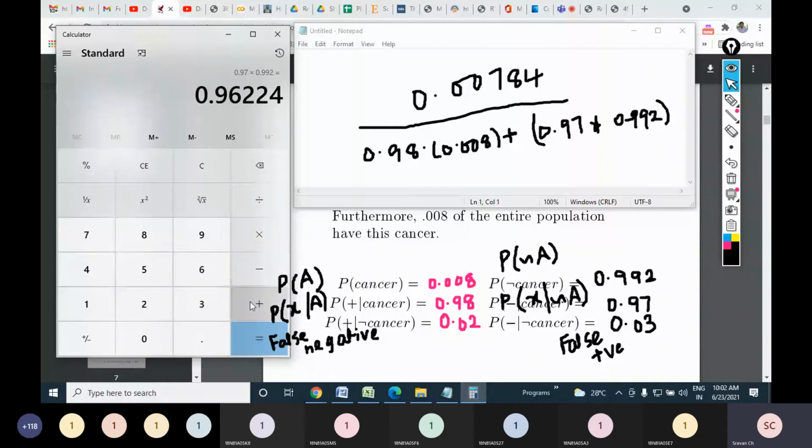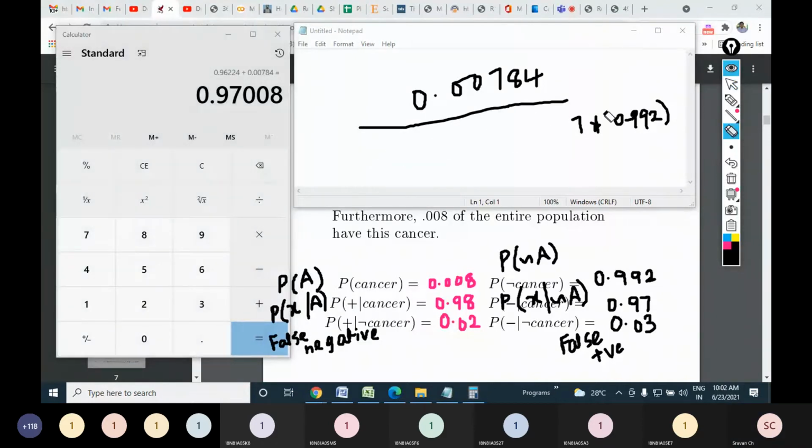So plus 0.00784. When I add them, I got 0.97008. So friends, this part will be 0.97008.